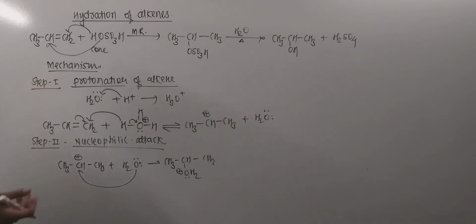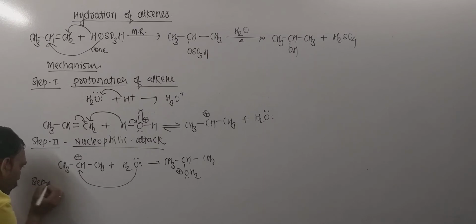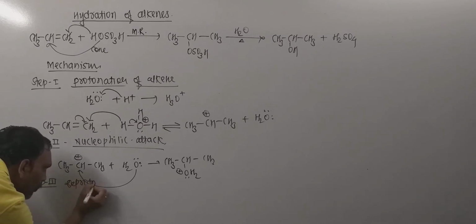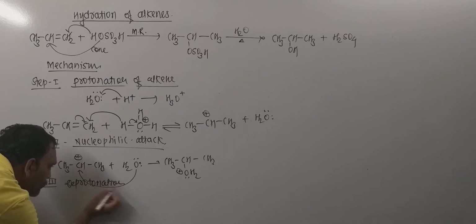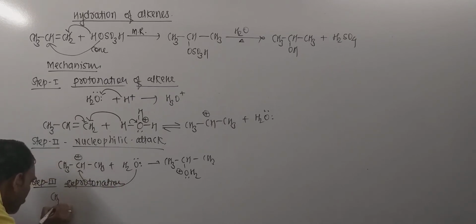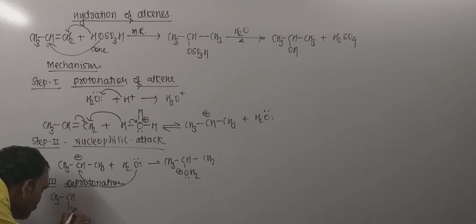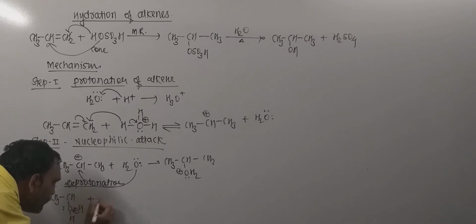So the intermediate so obtained in the second step undergoes deprotonation. Step number 3 is the deprotonation step. So this step can be given as, this is the intermediate so obtained.